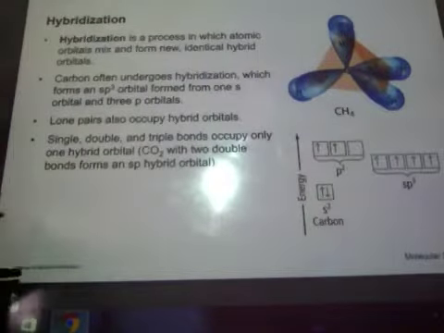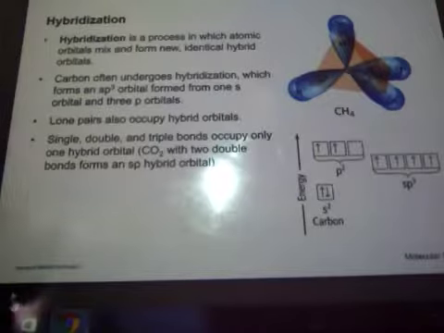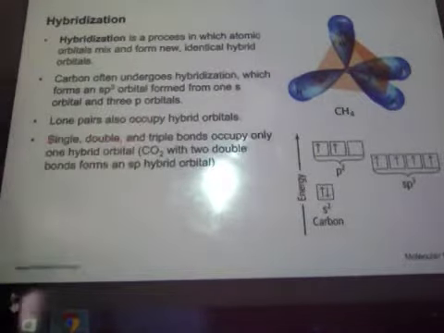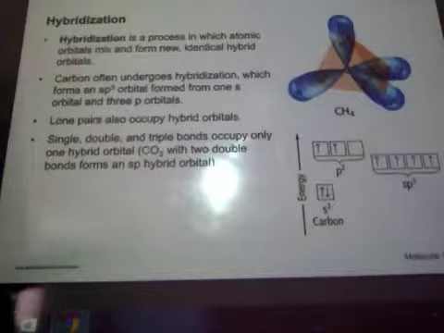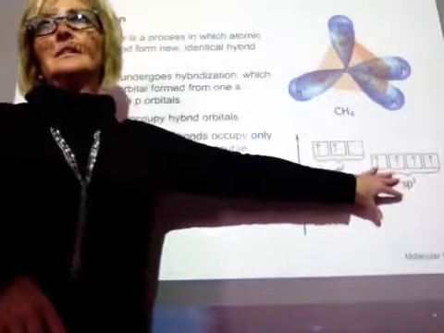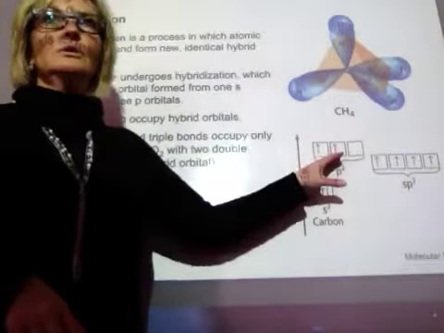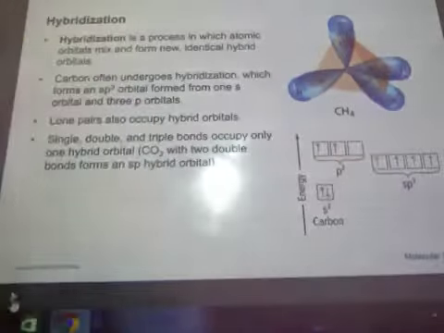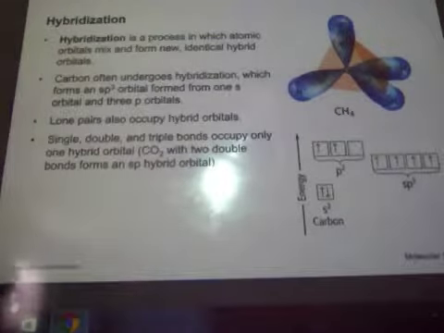What I want you to know is this. When you make molecules, we change things a little bit and we get a hybrid, something new. I don't expect you to fill out boxes like that, but I want you to know that it changes into something else.